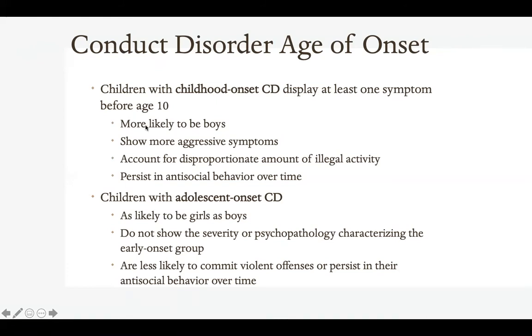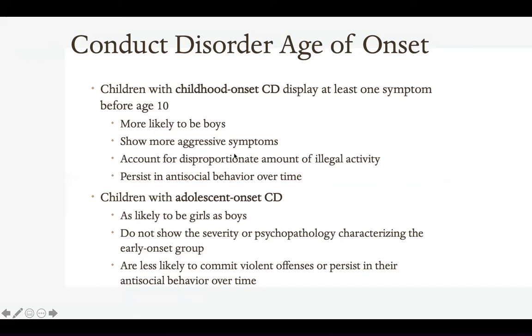They're more likely to be boys. If they have childhood onset conduct disorder, they're more likely to be aggressive compared to those with adolescent onset conduct disorder. They're more likely to account for a disproportionate amount of illegal activity, and they're more likely to show persistent antisocial behavior over time.